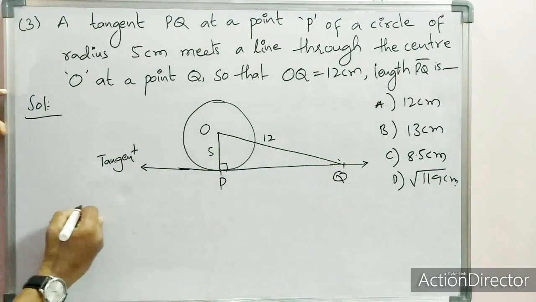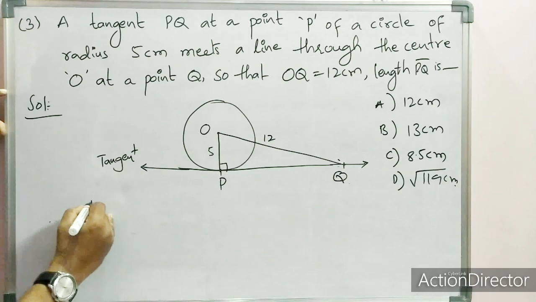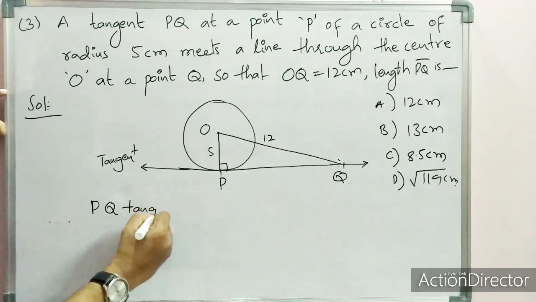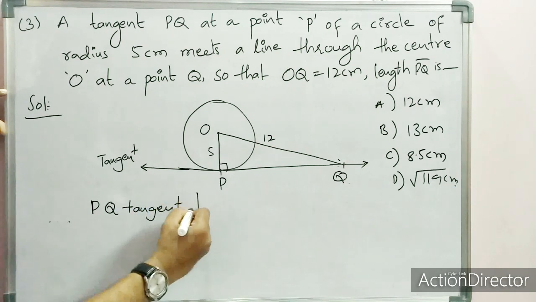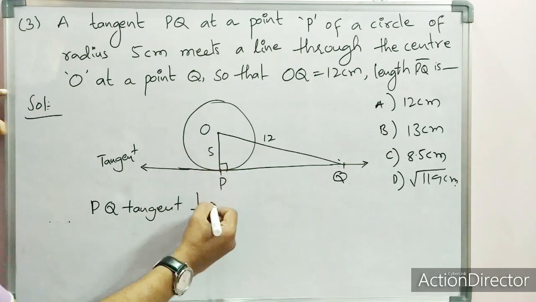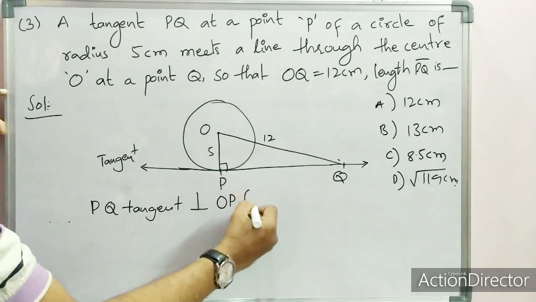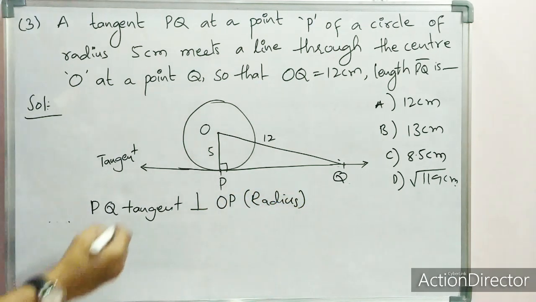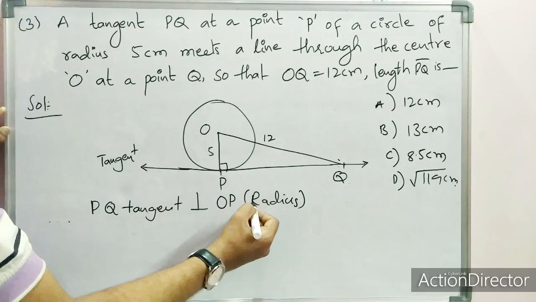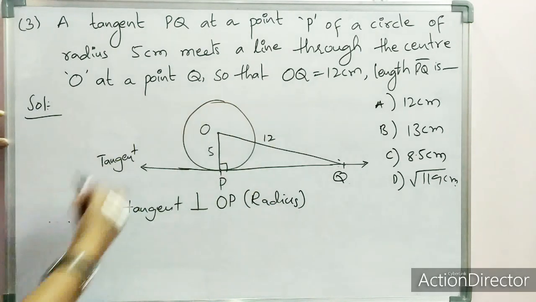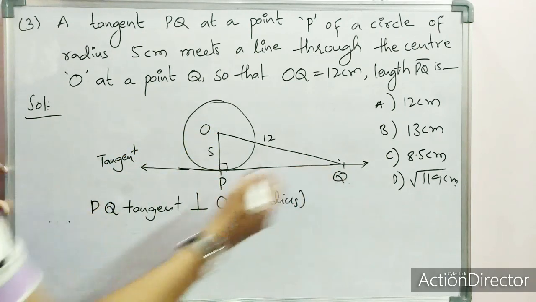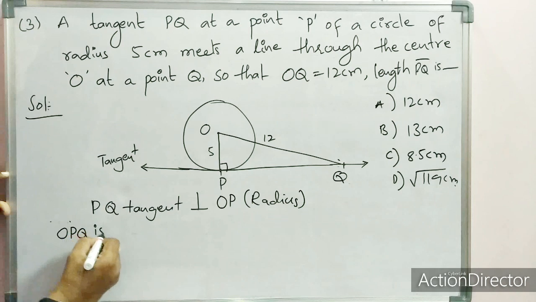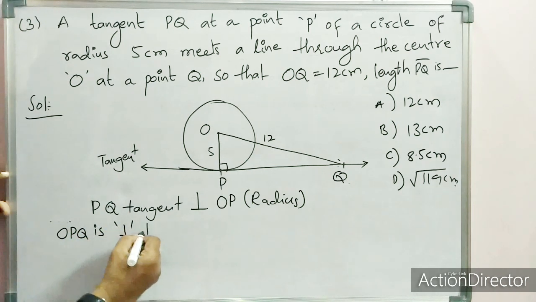Notice PQ is a tangent, which is perpendicular to OP, the radius. So always remember, a tangent is perpendicular to the radius. Now you see OPQ is a right angle triangle.